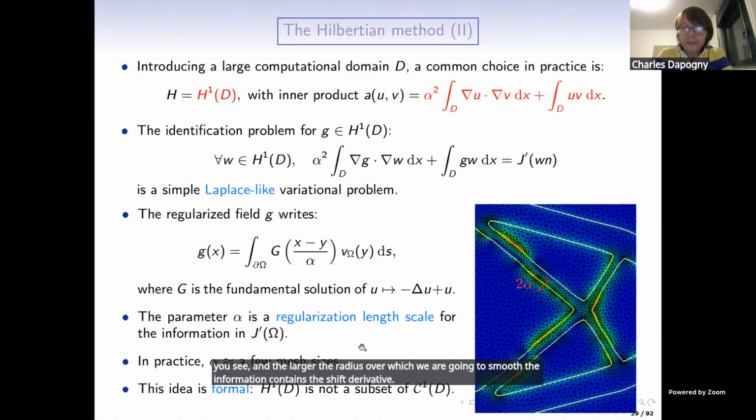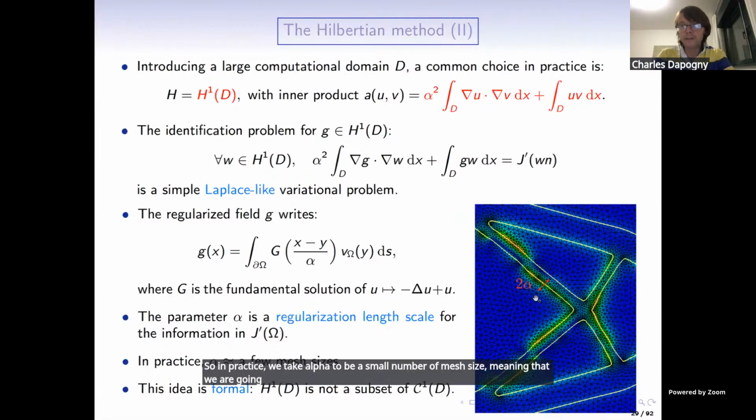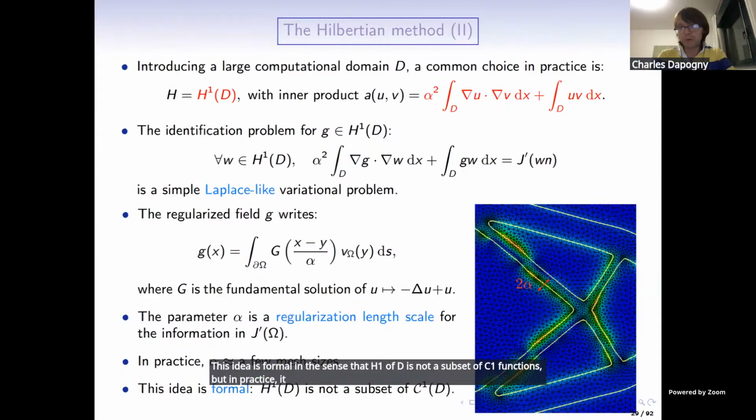So this gives a principled way to infer a gradient which has good properties for the sake of optimization. So in practice, we take alpha to be a small number of mesh sizes, meaning that we are going to average, in some sense, the information of the shape derivative over a small number of mesh sizes. This idea is formal in the sense that H1 of D is not a subset of C1 functions, but in practice, it turns out to work pretty well.